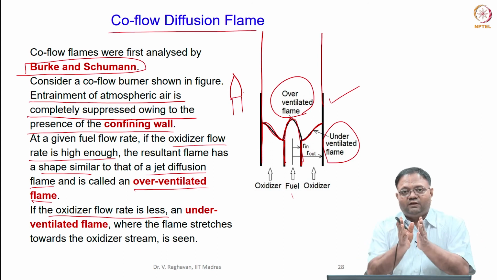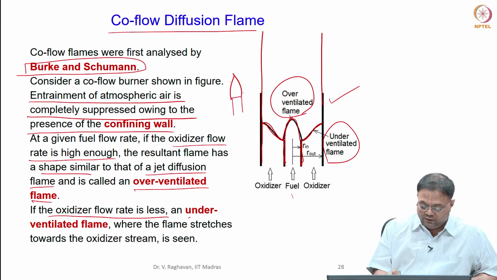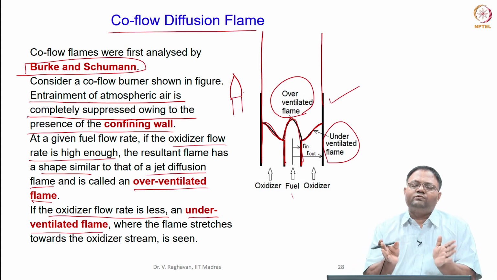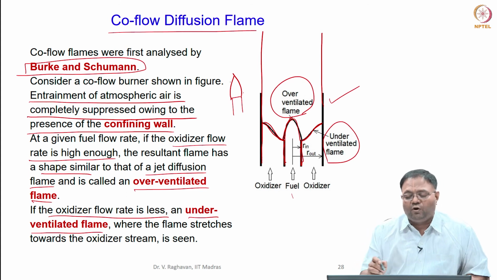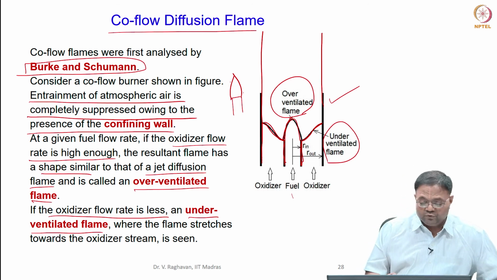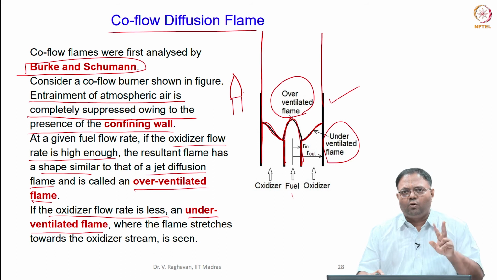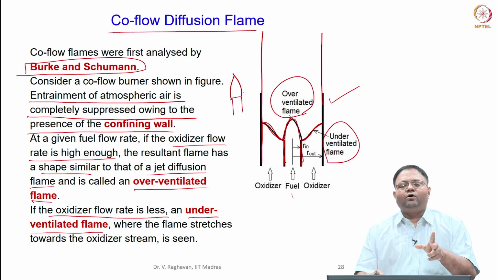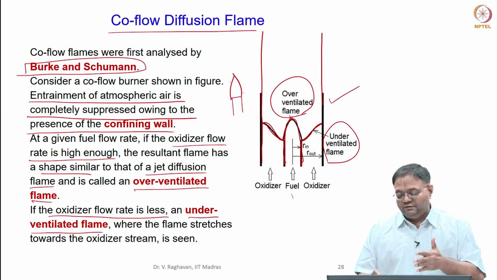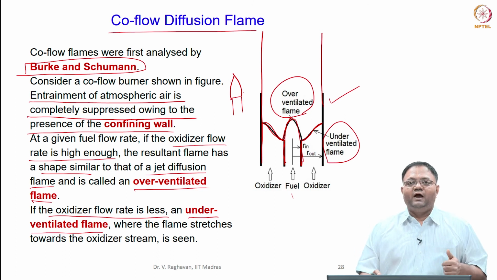So such a flame which stretches towards the wall is called under ventilated flame. This flame stretches towards the oxidizer side. It may not touch the wall, it may go towards the oxidizer side. Okay, so this is very important. By controlling the transport rate of the fuel and oxidizer, I can get different flame shapes. So that is the control we have here.